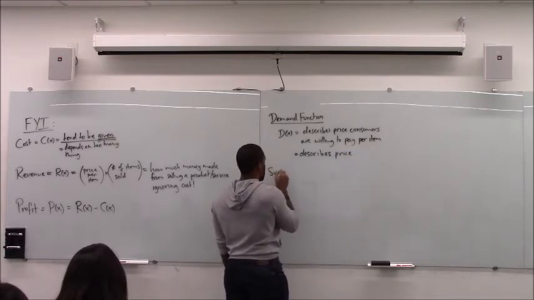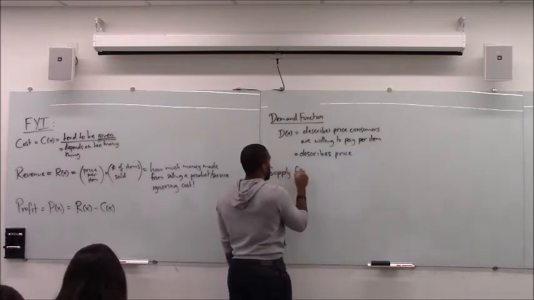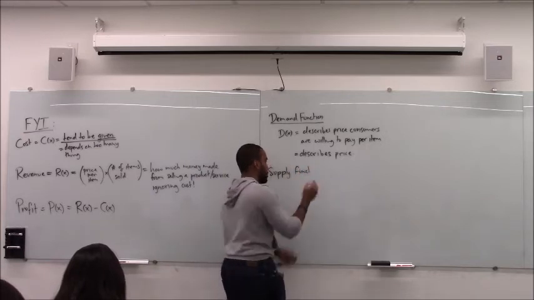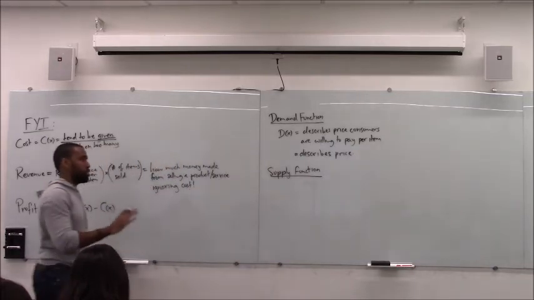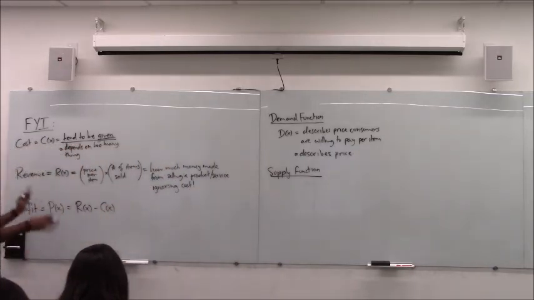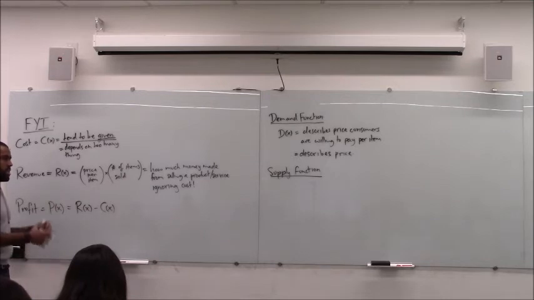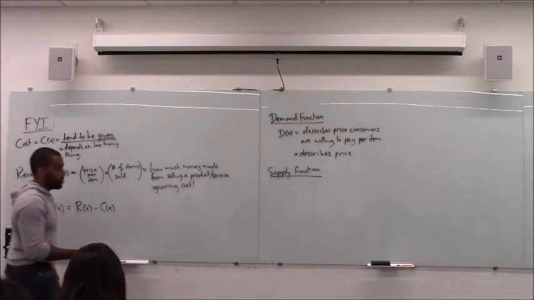There's also something called a supply function. Now, we're not going to go as deep into these as you would in an economics class, so don't worry too much about that. I'm not going to talk about the law of supply and demand or anything. You need to know what these functions are, and then we're going to examine them in terms of their marginal functions.